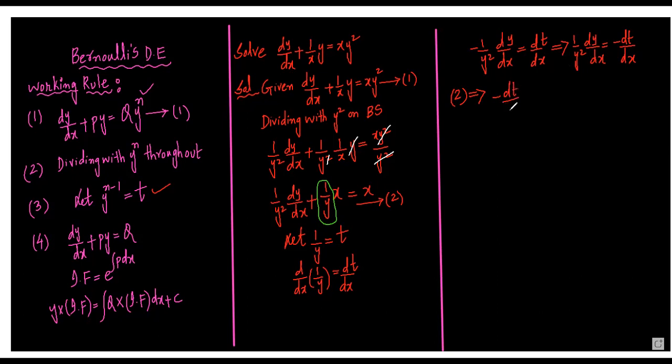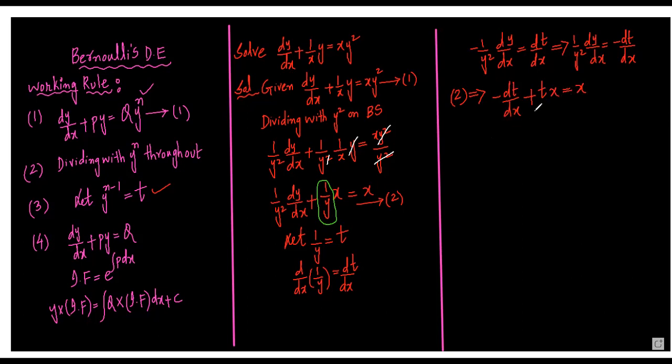D by dx of t it becomes. Am I correct? Plus 1 by y will be taken as t, so it becomes t by x. T by x is equal to x.